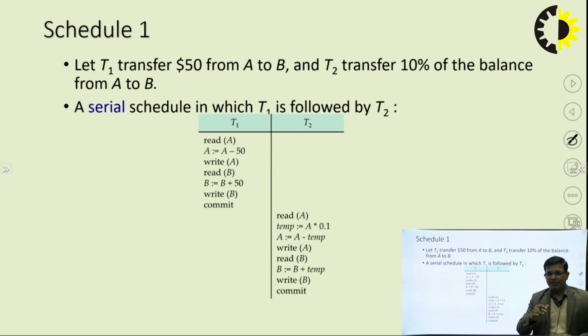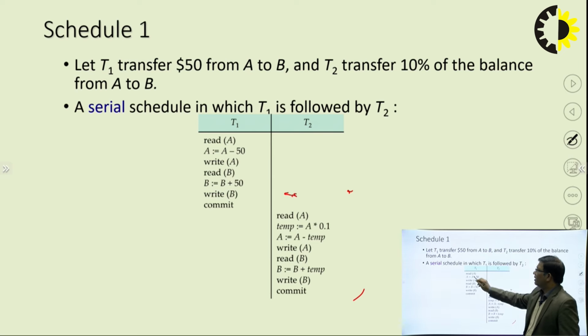Let's consider the previous example as a schedule. In this schedule, T1 is a transaction and T2 is a transaction, so this schedule has two transactions, T1 and T2. In T1: read A, deduct 50 from the value of A, then write A. Read B, add 50 to B, write B, and then commit. The transaction is completed.